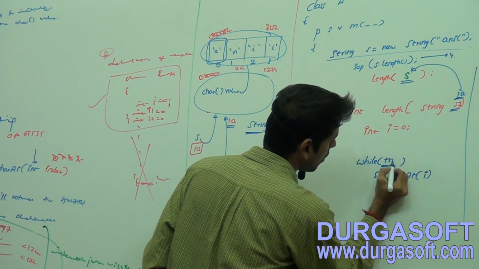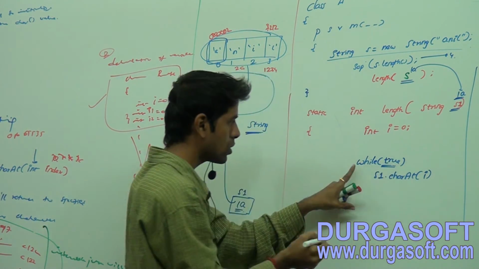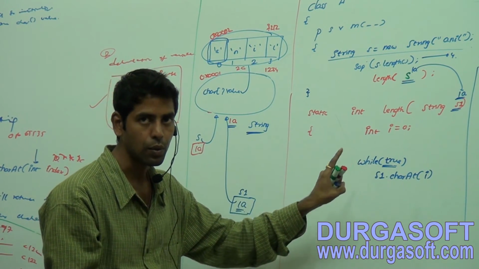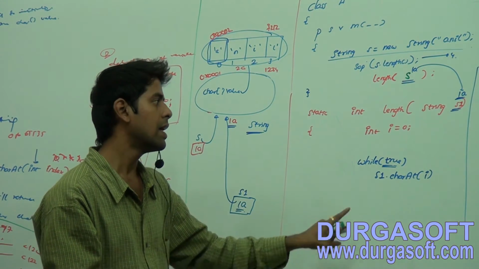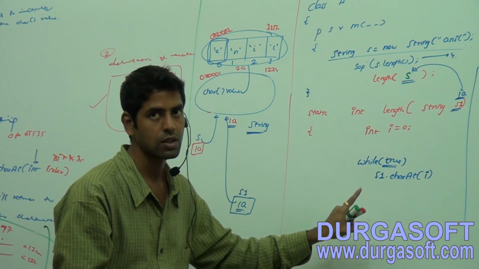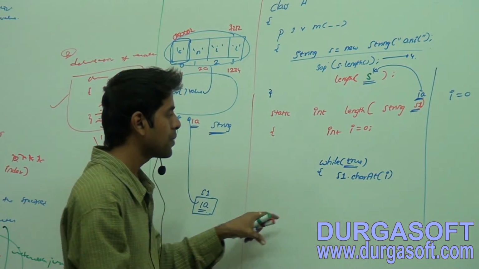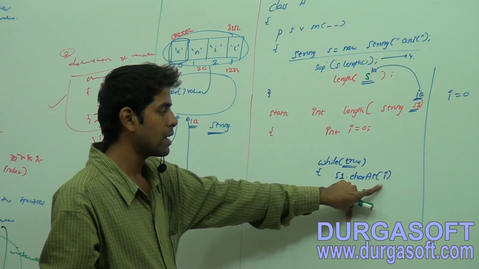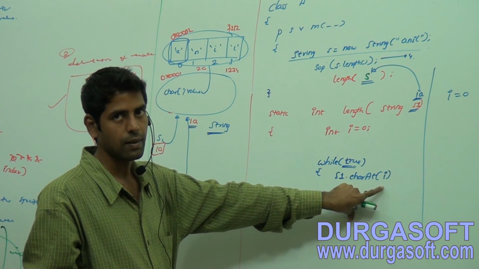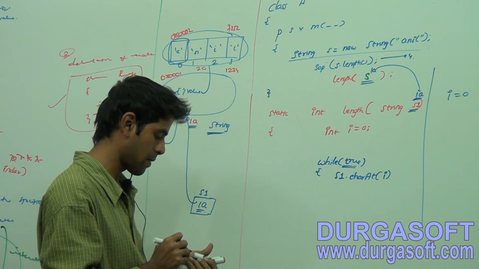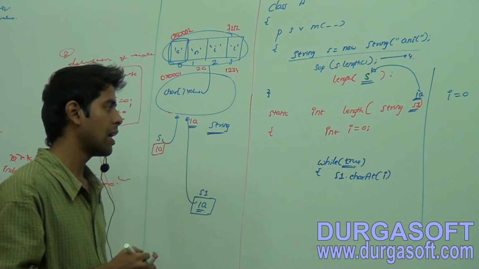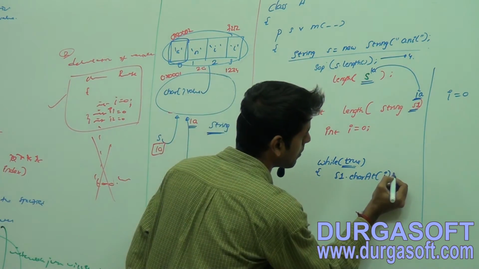I hope you know how this while iterative loop executes, that is a conditional control statement. Now, this is the while loop. s1.charAt(i), let it be. I will use this as my weapon here.